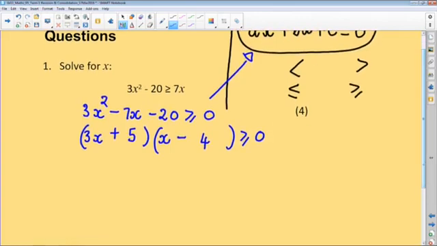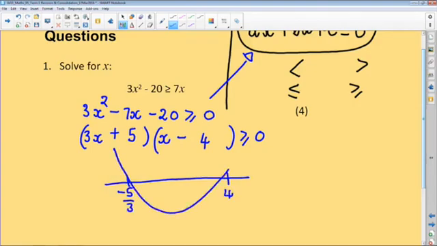From there, we don't just go and say x is minus 5 over 3 or x is 4. Those are your critical values. This is an inequality, so you can have your rough parabola sketch, with minus 5 over 3 first, and then 4. This parabola is positive, your a is greater than naught.